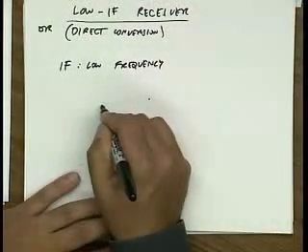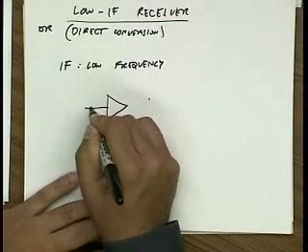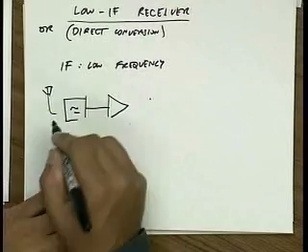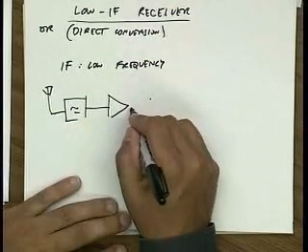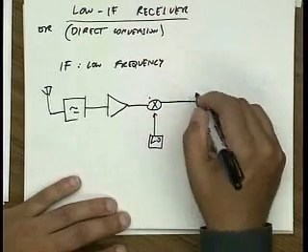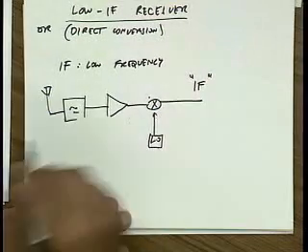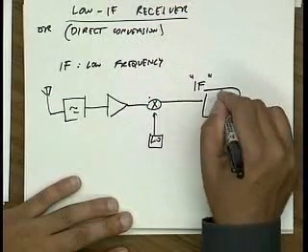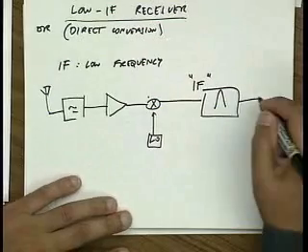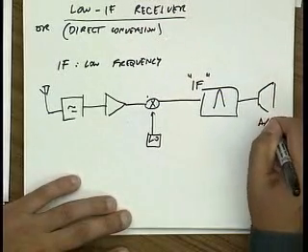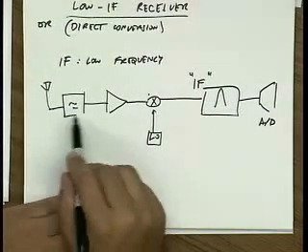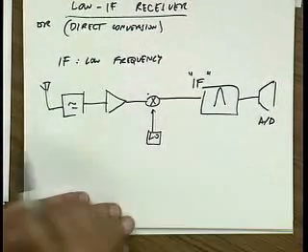Remember, in a communication system, what we do is we take our RF signal, let's say off the antenna or off the cable, we filter it, we amplify it, and then we mix it down using a local oscillator to some IF frequency or intermediate frequency, where we perform very sharp filtering. And then we digitize the signal. Okay? So in this system, even though we have a very narrowband input, our IF could be really low frequency.